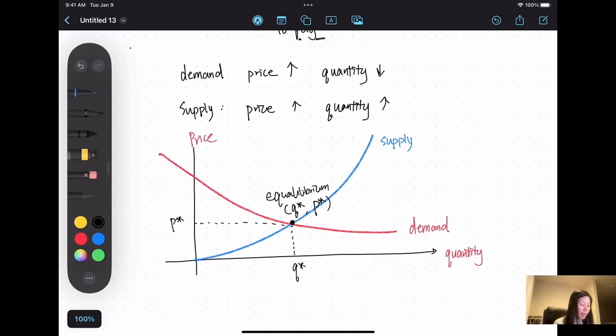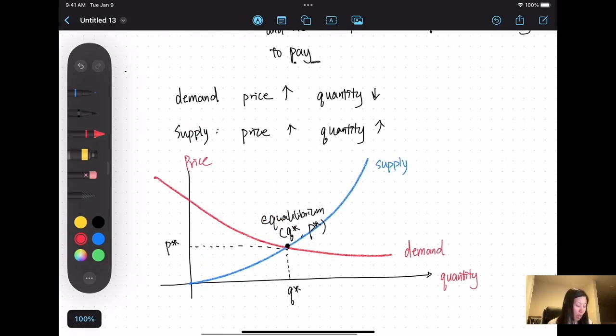So what they are willing to pay and what is the market price, the difference should be here, which is, I should use a red pen, the region between the equilibrium point and the demand function. Here is our consumer surplus.